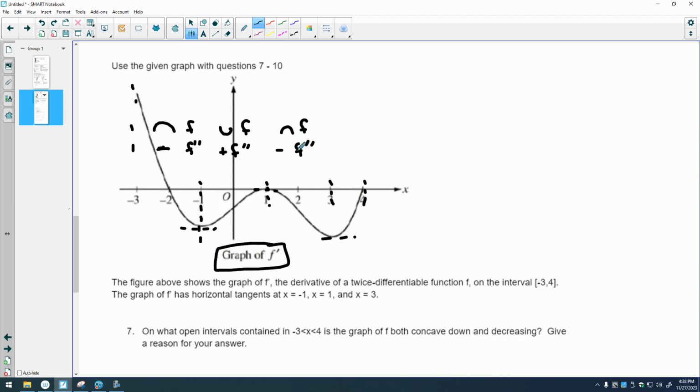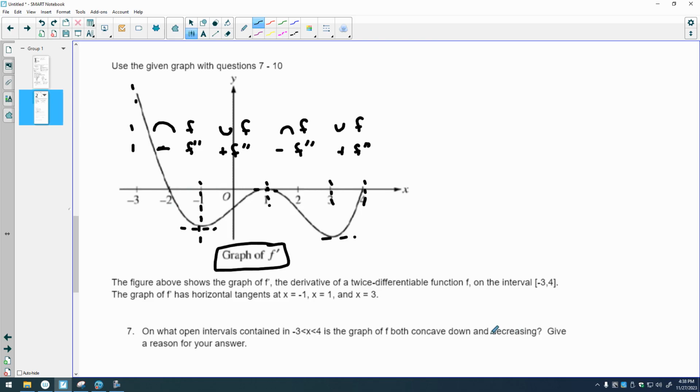Notice how it's super important that you can convert between and make statements about f, f prime, f double prime, depending upon a given graph. Lastly, from 3 to 4, f prime is increasing, so f double prime is positive, which makes f concave up. So we've taken care of concavity.